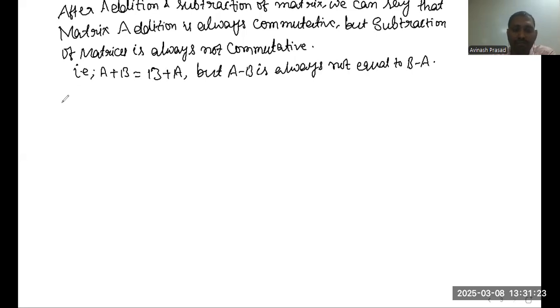Now come to the next term, that is matrix multiplication, or we can say multiplication of two matrices.